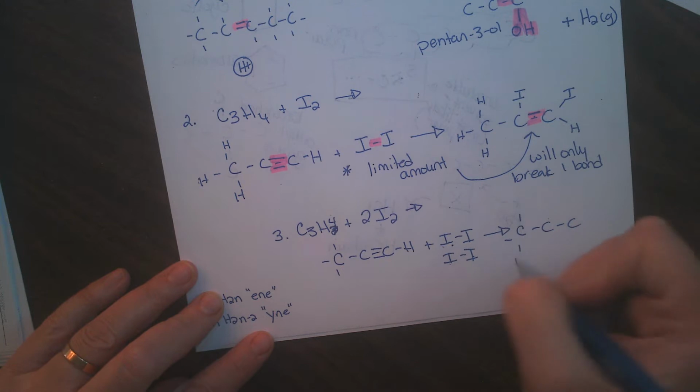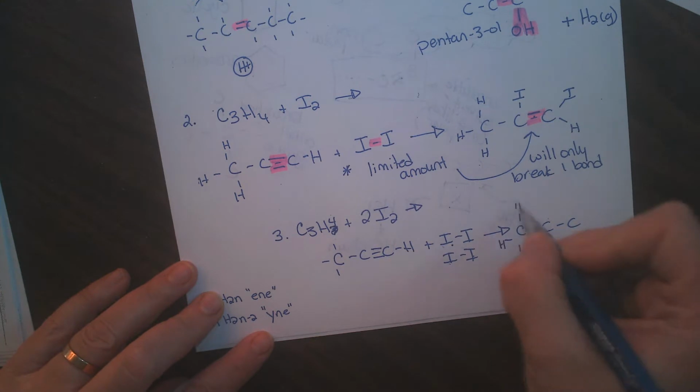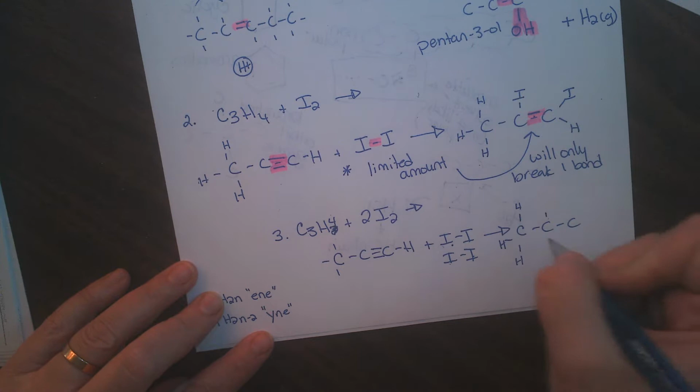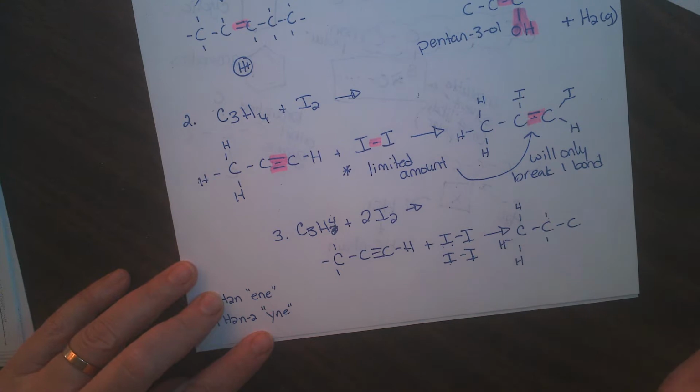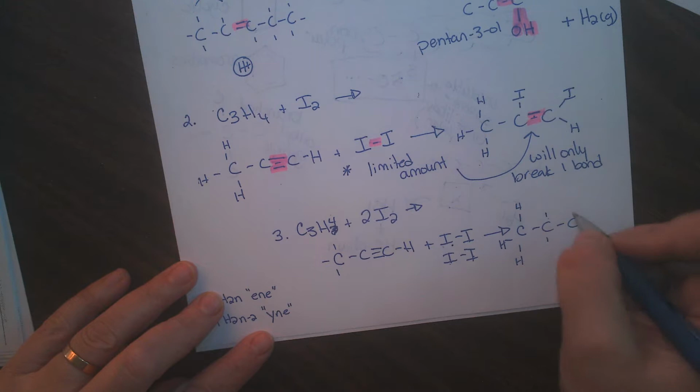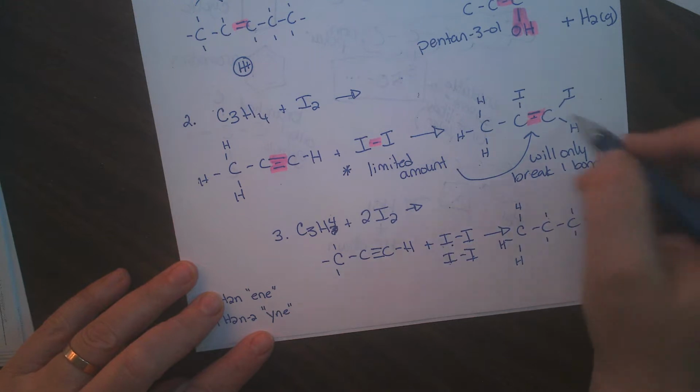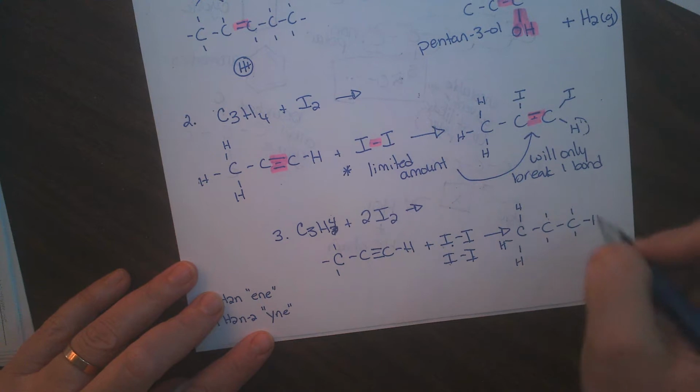This carbon stays the same with H's. And now this carbon opens up with 2. And this carbon opens up with 2. And then we still have the hydrogen from before.